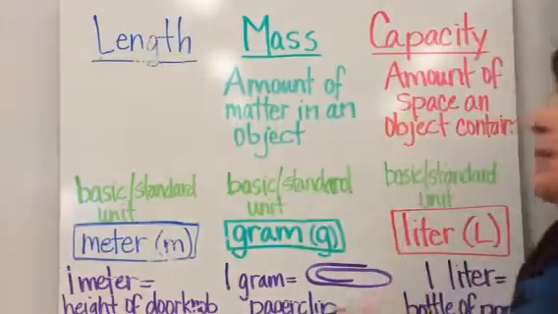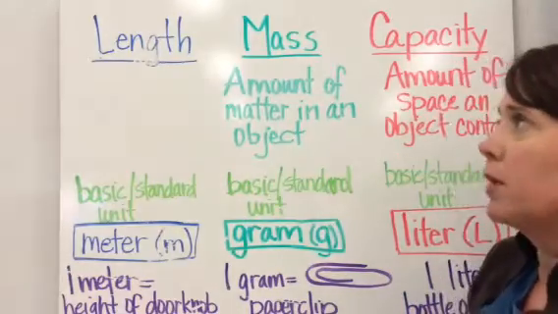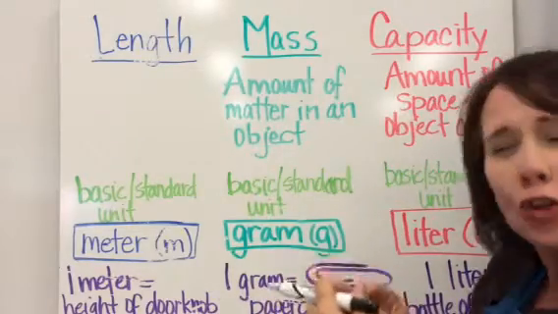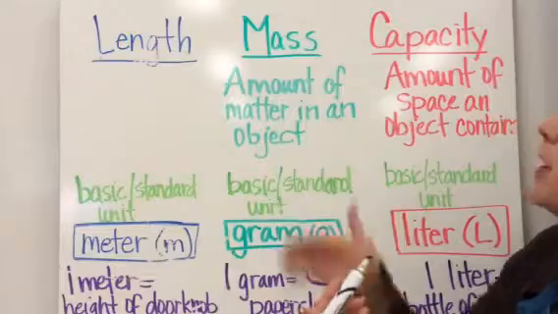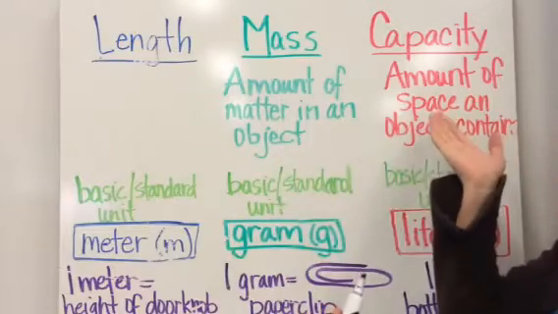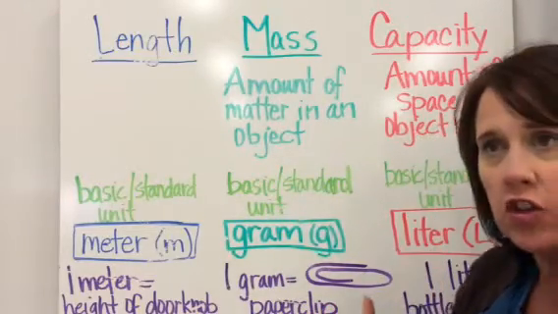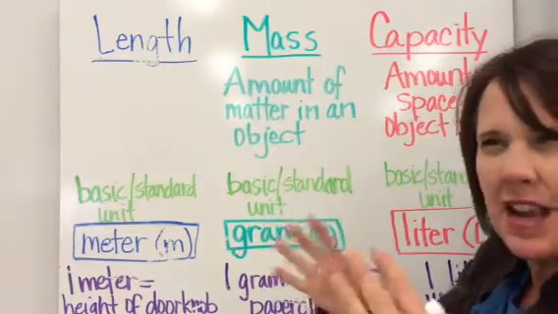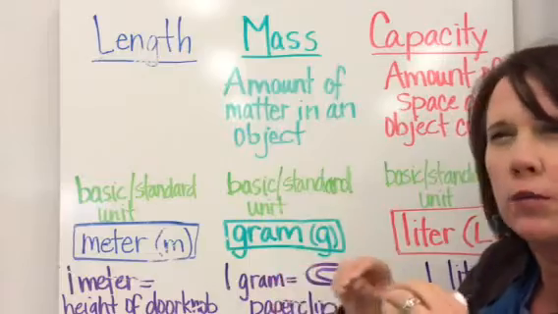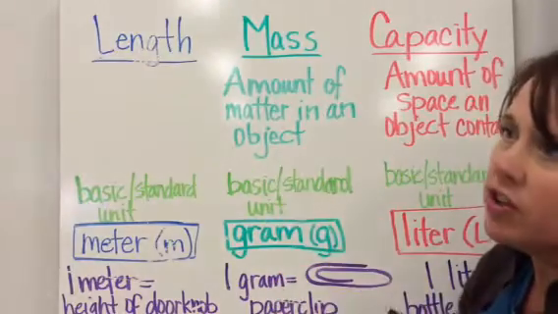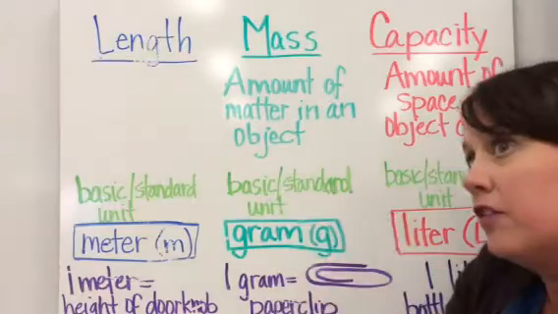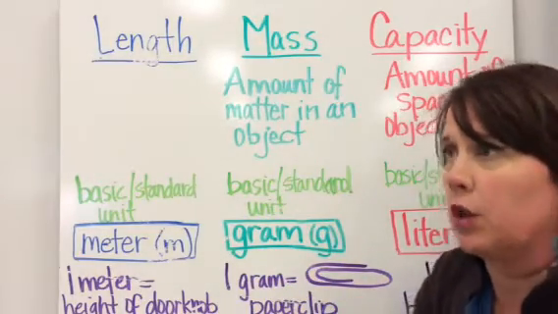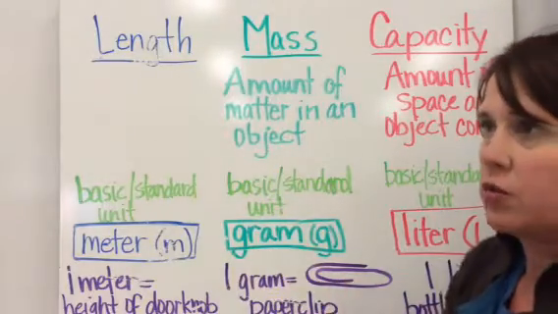Now, the metric system is a really handy system of measurement because it works for all types of measurement. It works when we measure length, mass, and capacity. Now, we also here in the United States use the United States customary system of measurement, but it's kind of willy-nilly, and we have to remember a whole lot of things, like 12 inches equals 1 foot, but 3 feet equal 1 yard, and 1,760 yards equal a mile, or 5,280 feet.